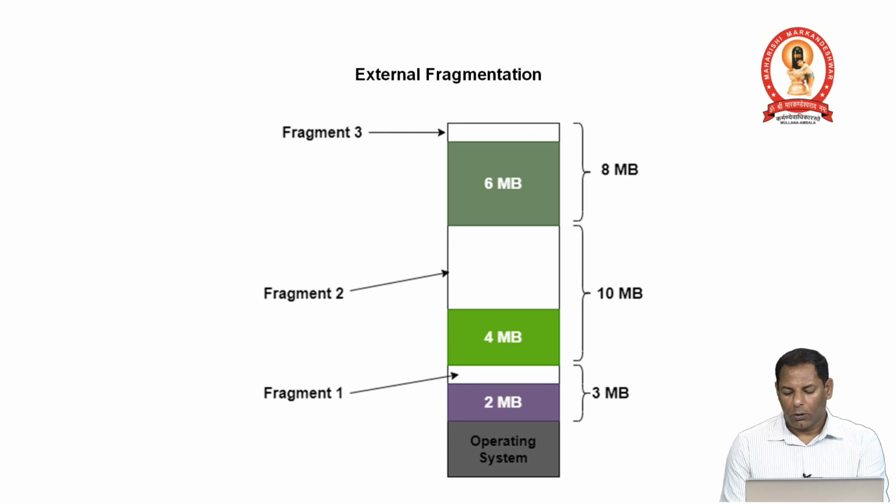We have placement algorithms also, but before this we will see the difference. Internal fragmentation occurs when memory blocks of fixed size are allocated to the process, and external fragmentation occurs when memory blocks of variable size are allocated to the process dynamically.